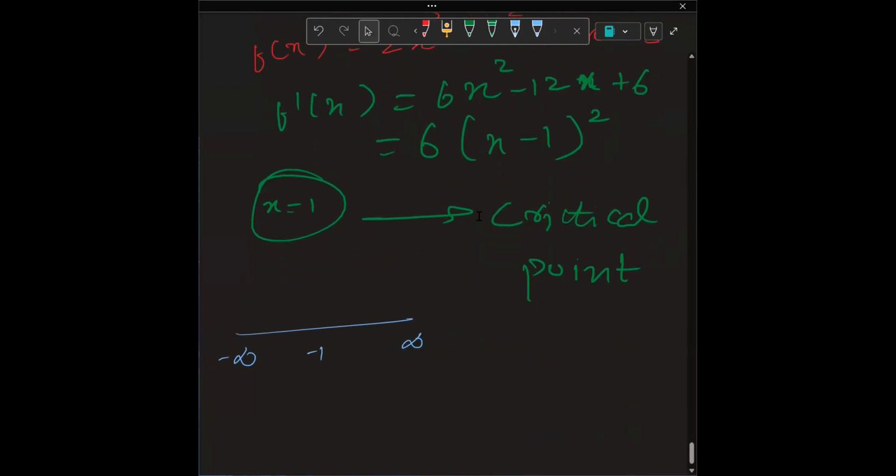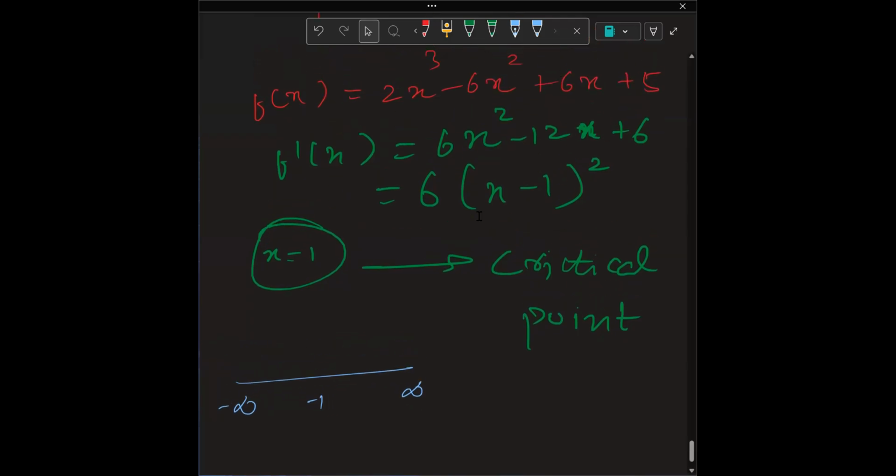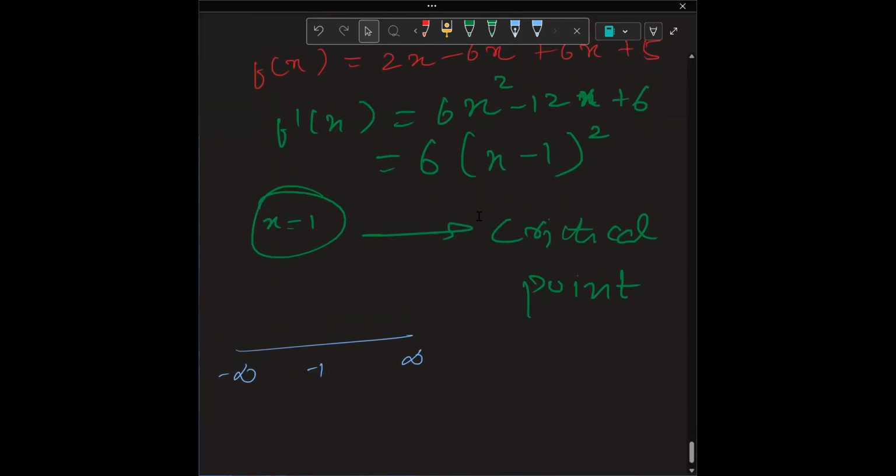So sir, we can take a point left of 1 and substitute it in f dash x, then find out whether it is positive or negative. It will be positive. Go ahead. It is positive, right? Yeah.